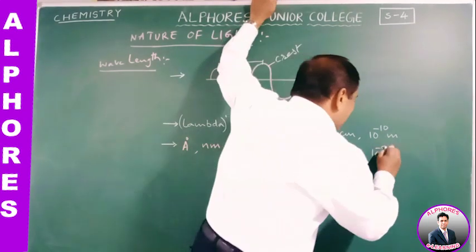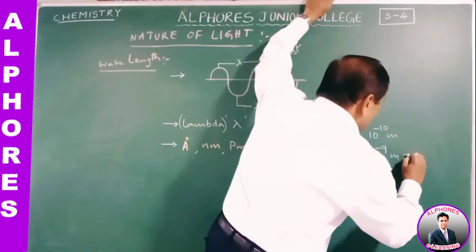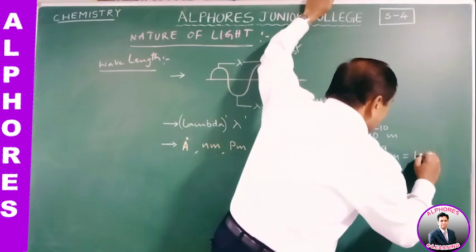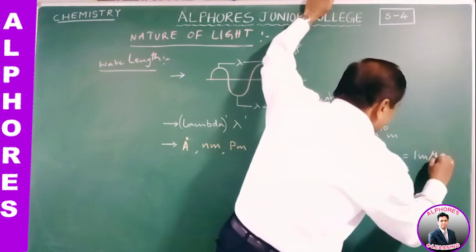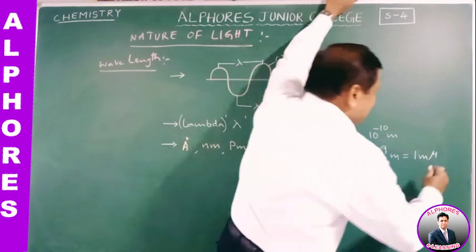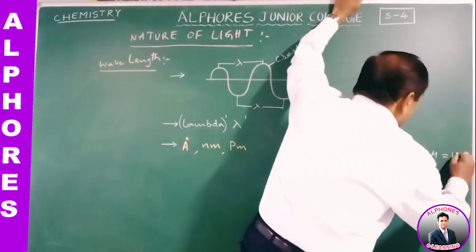This 10 to the power minus 9 meters equals 1 micrometer, which equals 10 angstroms.